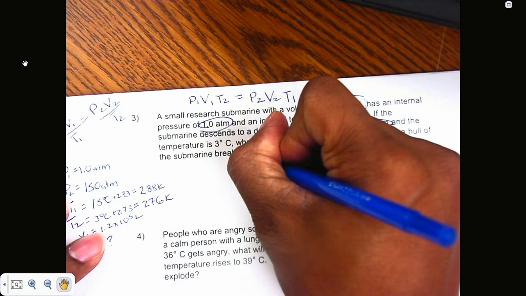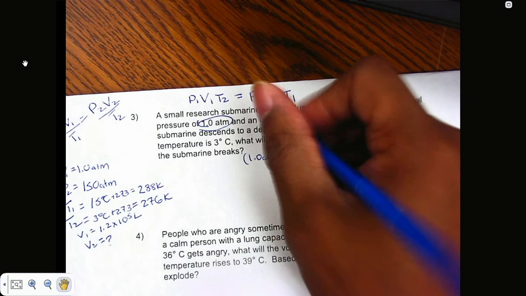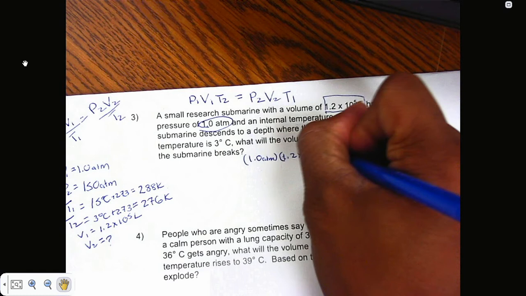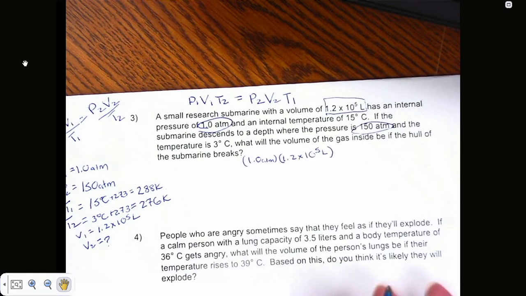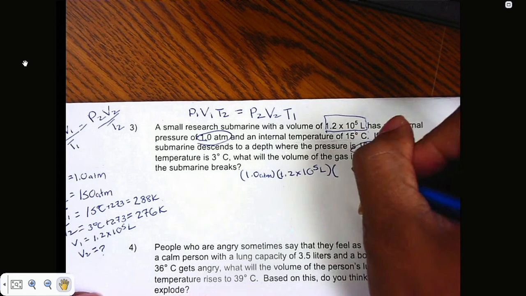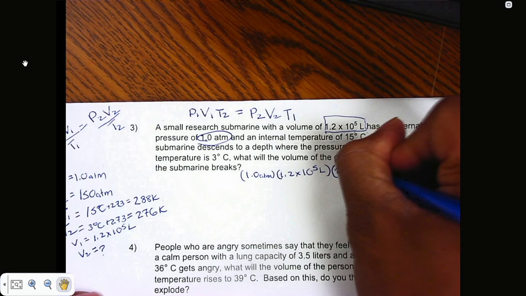P1, 1 ATM, multiplied by V1, which is the 1.2 times 10 to the 5th liters. That's going to be multiplied by my T2, which in this case is 276 Kelvin.